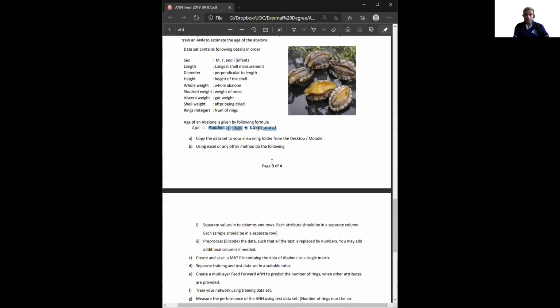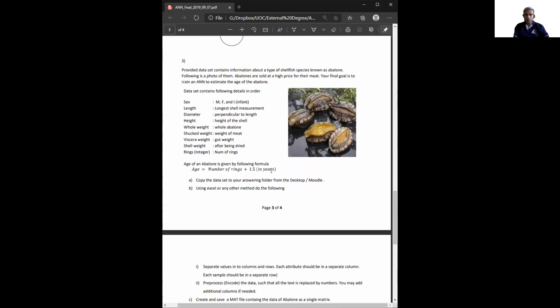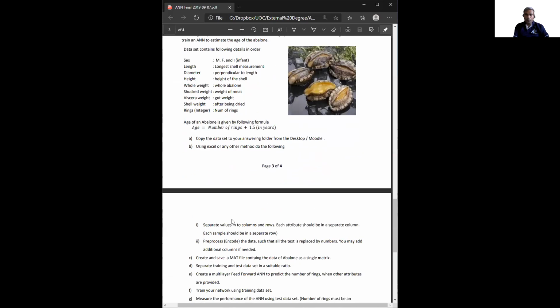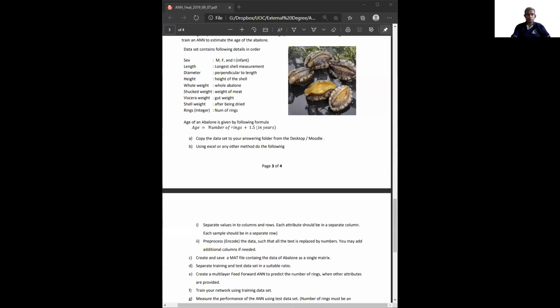So we'll start with predicting the values. What you need to do is download the data. We'll start with that one. So start downloading the data set and open MATLAB, and we'll see how we can work on this particular question.